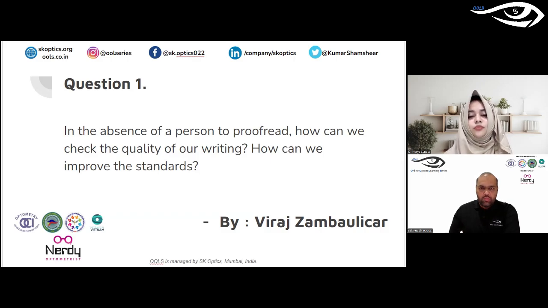There are multiple options available, and they can give linguistic services. Even while you submit the paper to the journal, you might have seen a couple of links given as additional links where you can access the service through the journal itself. So we have options available for improving the standards of writing.